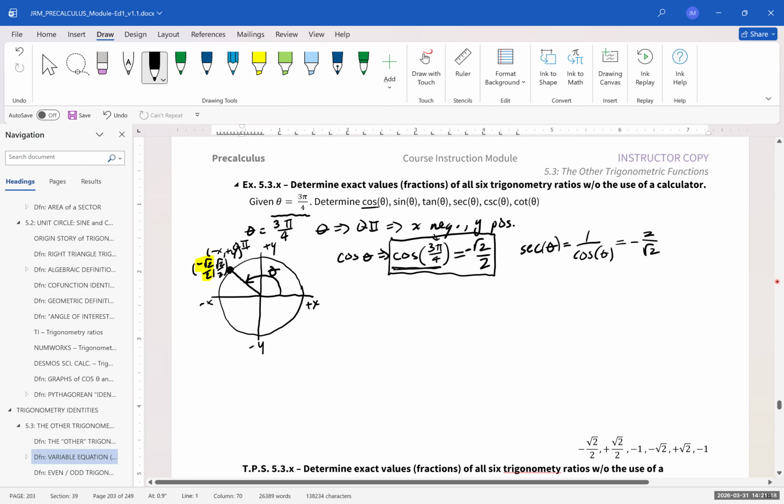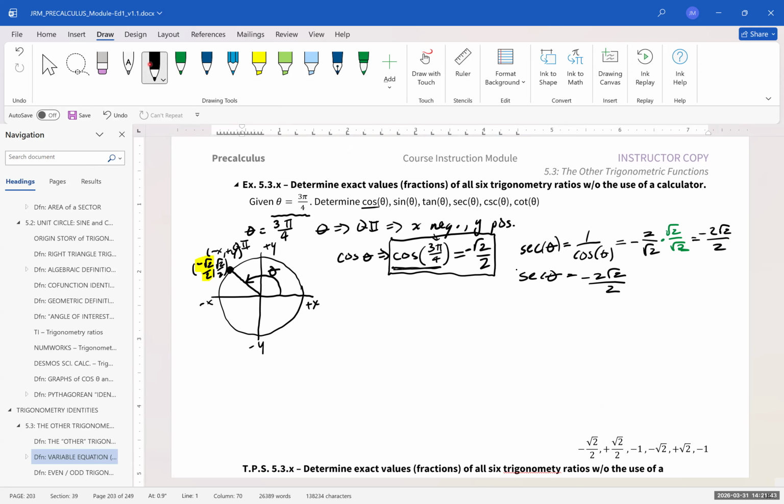But we don't want to leave a fraction with a square root in the denominator. So we're going to have to multiply numerator and denominator by the square root of 2. And that'll give us negative 2 square root of 2 all over 2. So secant theta is equal to negative 2 square root of 2 all over 2.